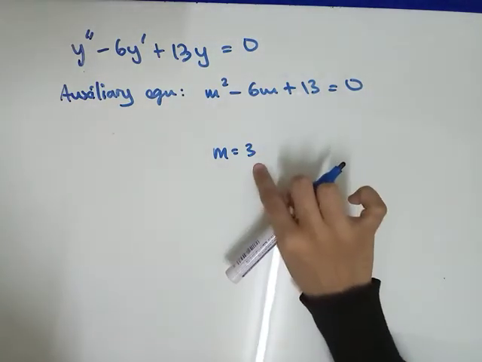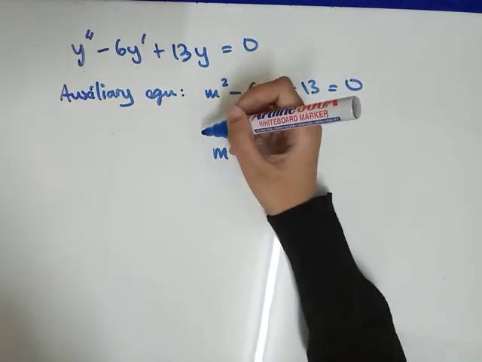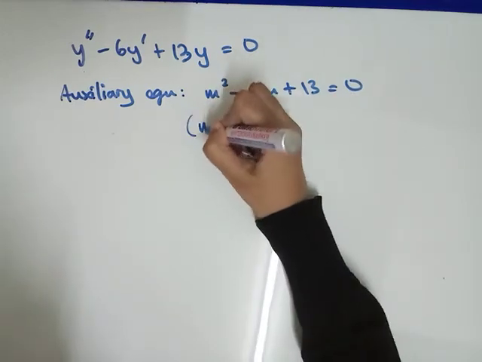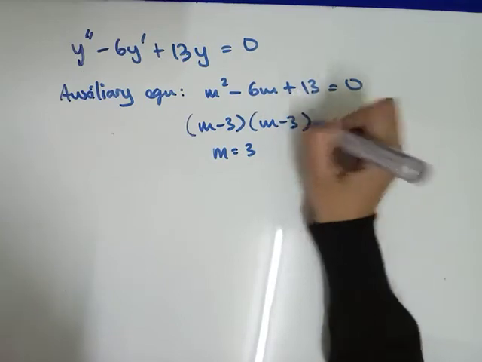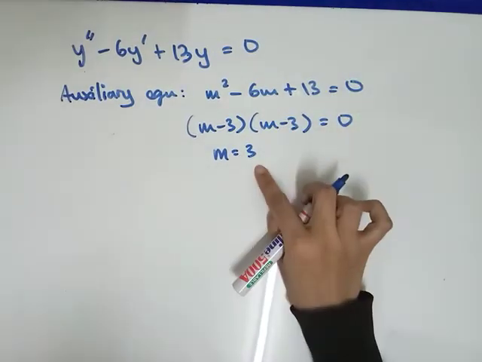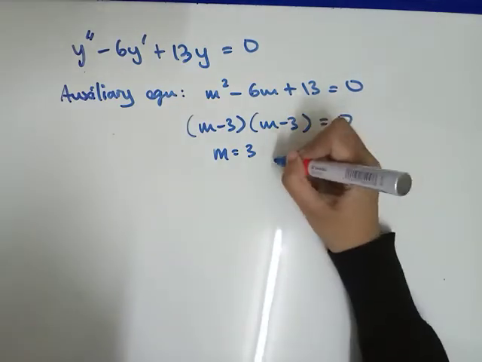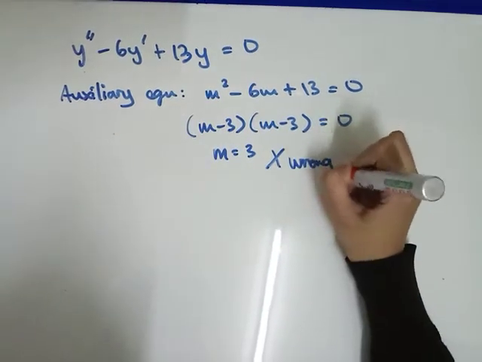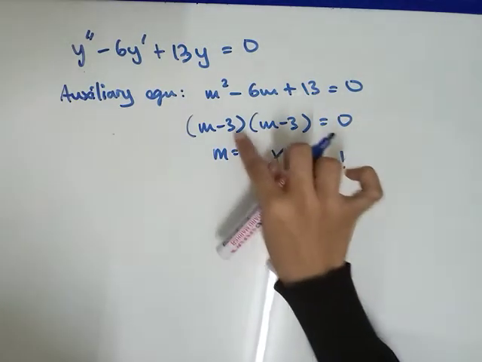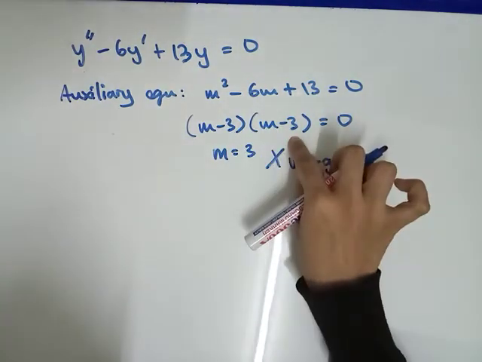So kalau the answer is m equals to 3, it will be m minus 3 times with m minus 3, right? Kalau dua-dua m is equal to 3, it is wrong. Okay, it is wrong calculation here. Why? Kalau awak cuba expand balik, try expand.